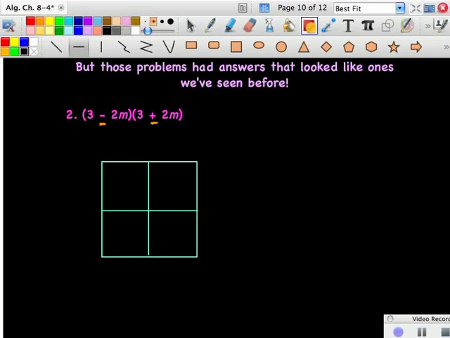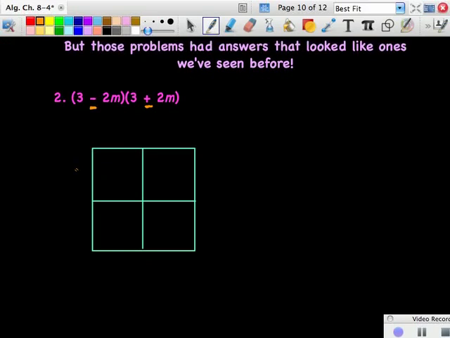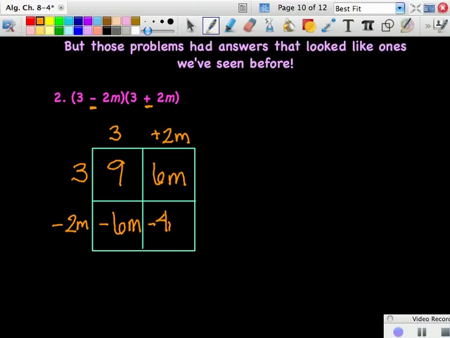All right. Multiply here, 9. Multiply here, 6m. Multiply here, negative 6m. And then multiply here. Remember, multiply coefficients first, and then variables, add exponents. So we have 9 plus 6m minus 6m minus 4m squared.